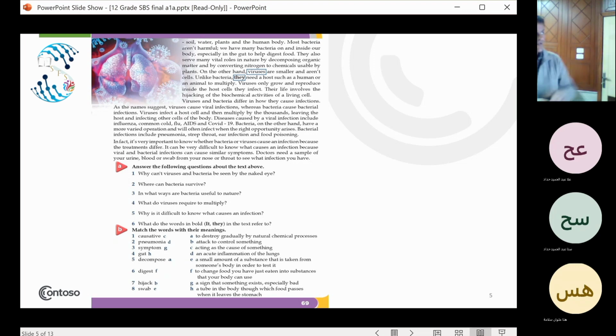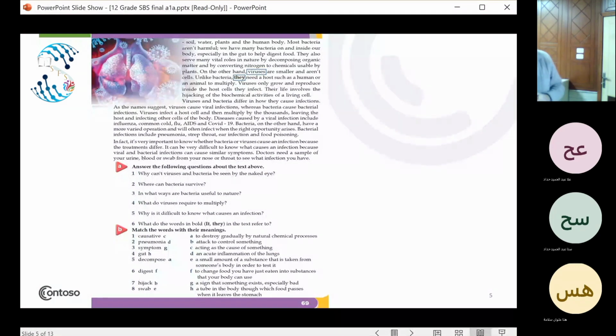Viruses infect a host cell and then multiply by the thousands, leaving the host and infecting other cells of the body.